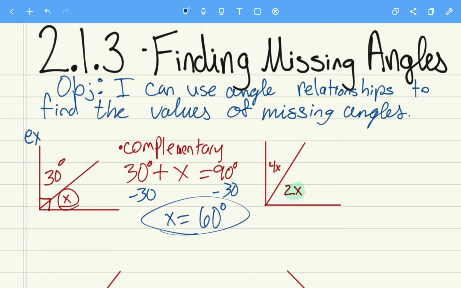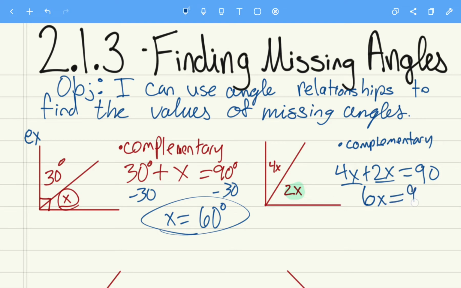This next one looks a little complicated. We are given another set of complementary angles. But this time we have a variable. But let's do the exact same process. We have 4x plus 2x and set that equal to 90. 4x and 2x are like terms, so we just add the coefficients. 4 plus 2 is 6, keep the x, so now we have 6x equals 90.